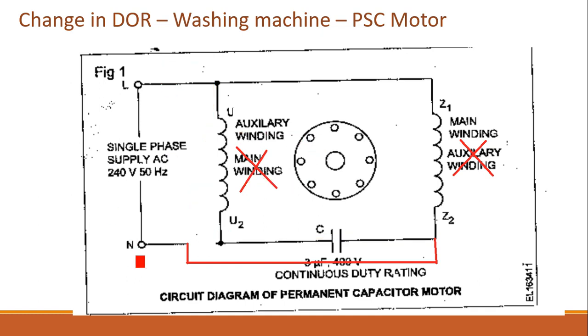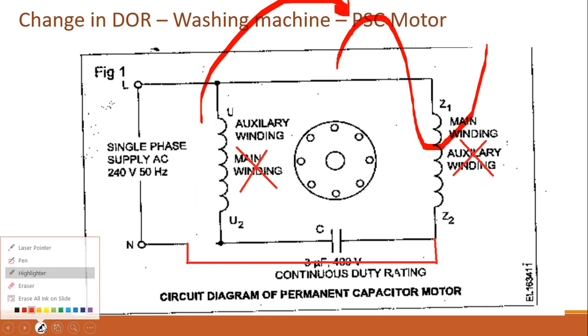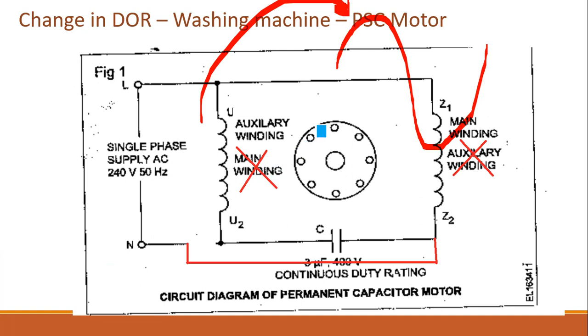So by just changing this connection to the other end of the capacitor, the auxiliary winding becomes the previous main winding, which is now leading. This winding will have a leading current with the capacitor, and the other winding, the present auxiliary winding, is the winding without any capacitor, and that will have a lagging current.